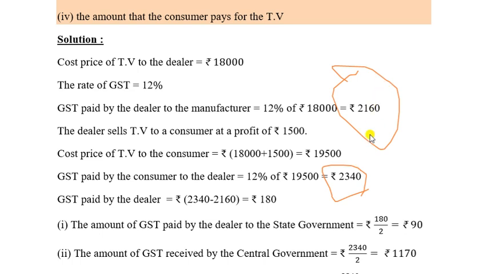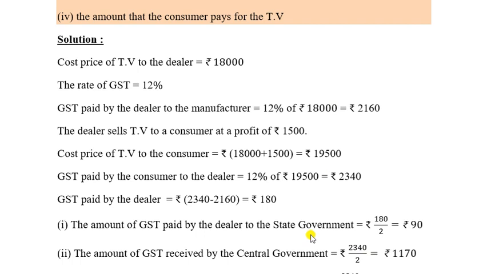Ultimately this difference, if we subtract, this difference amount will be paid by the dealer to the central government and to the state government also. So that's why I subtracted here. GST paid by the dealer is 2340 minus 2160. This is 180.